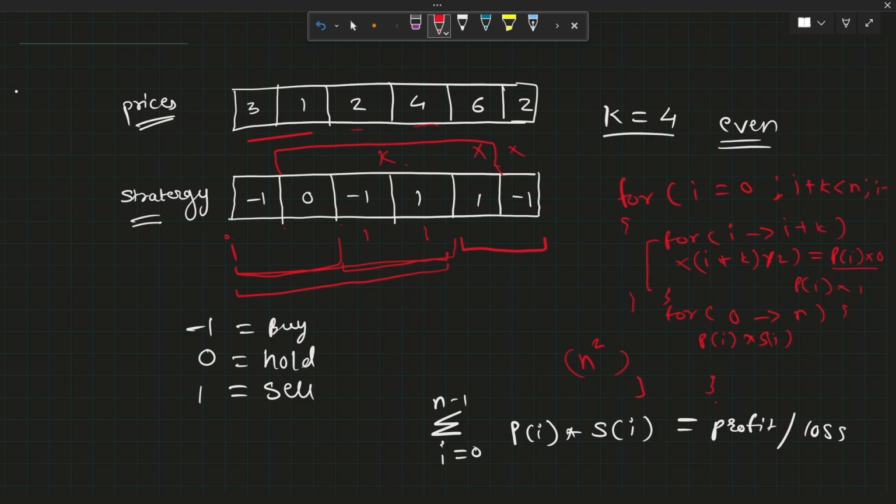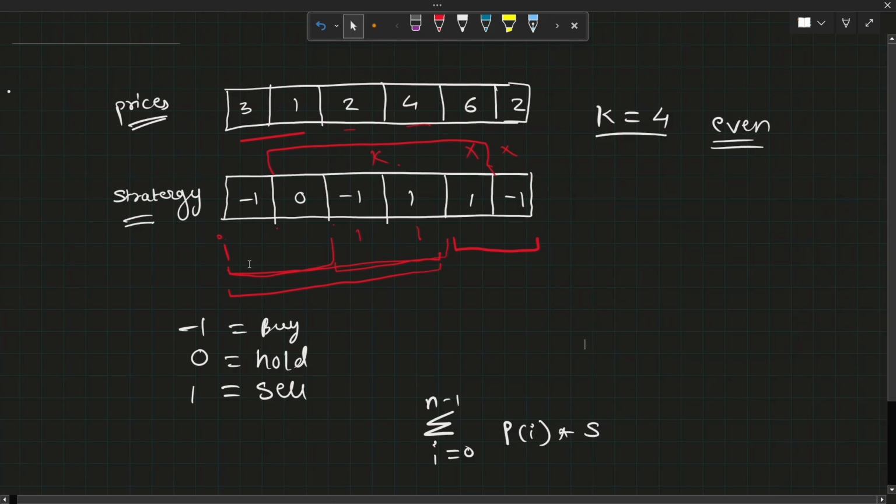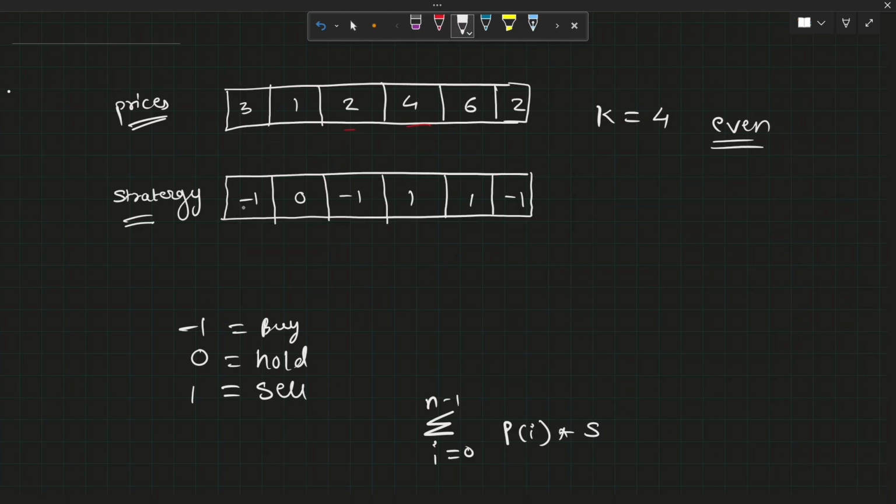Is there a scope? Let's try to find what repeating work we are doing. So I'll just quickly erase this stuff. Okay, so let's say initially we consider this subarray. Then we know that for this half of the elements it will be 0 and this will be 1.